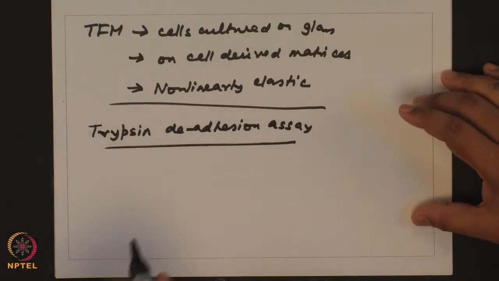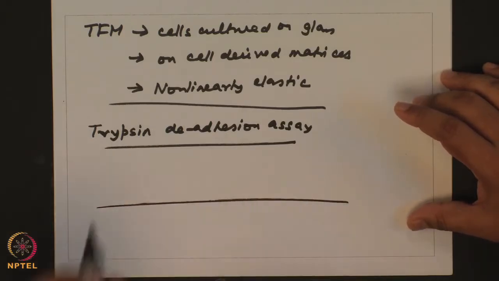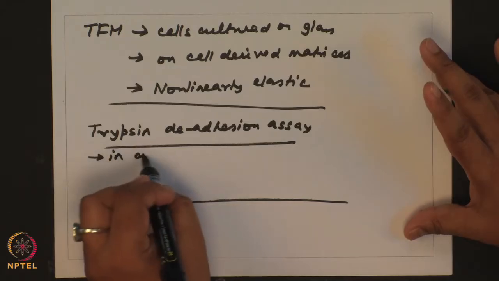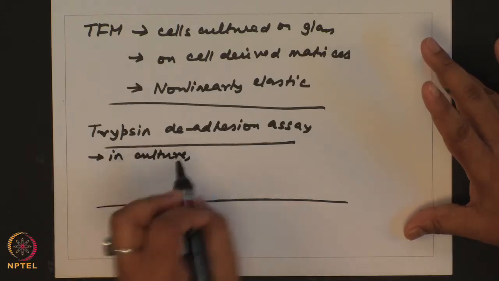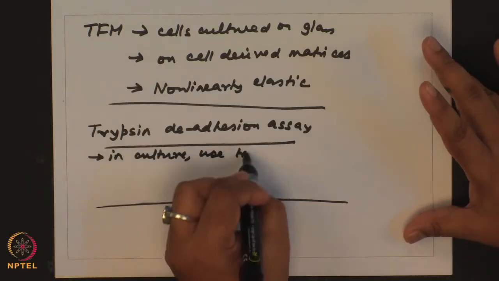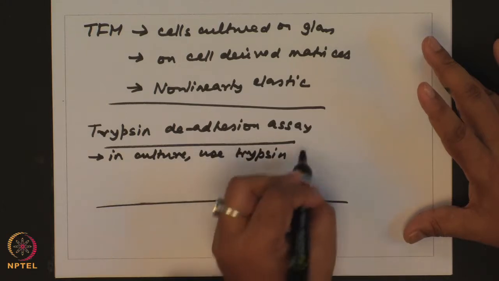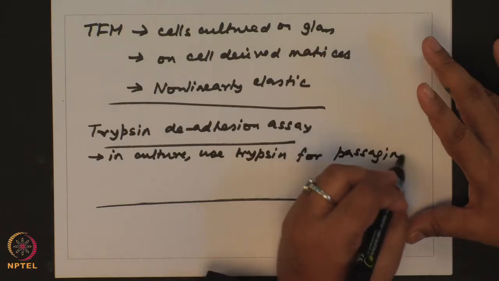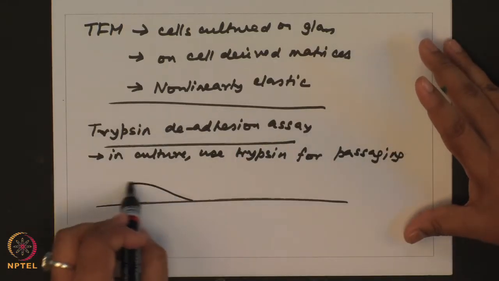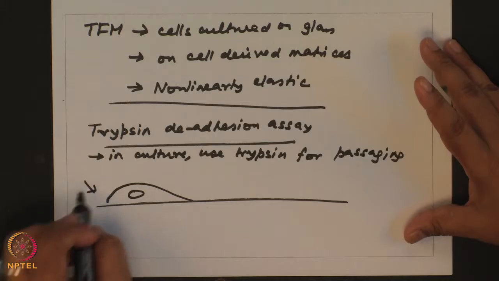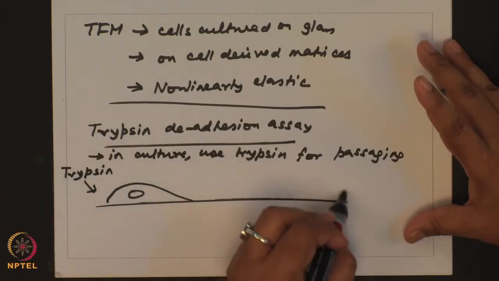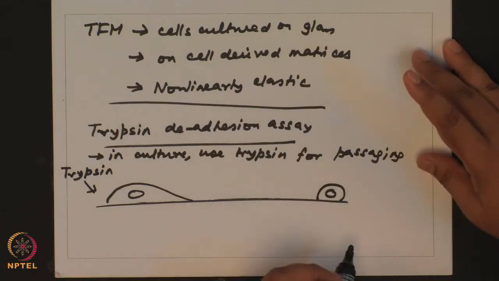Okay. So, what is the Trypsin de-adhesion assay? This is what you do routinely, right. In culture you use trypsin for passaging. So, if you have a cell which is adherent and you add trypsin, then at some point of time it should round up.